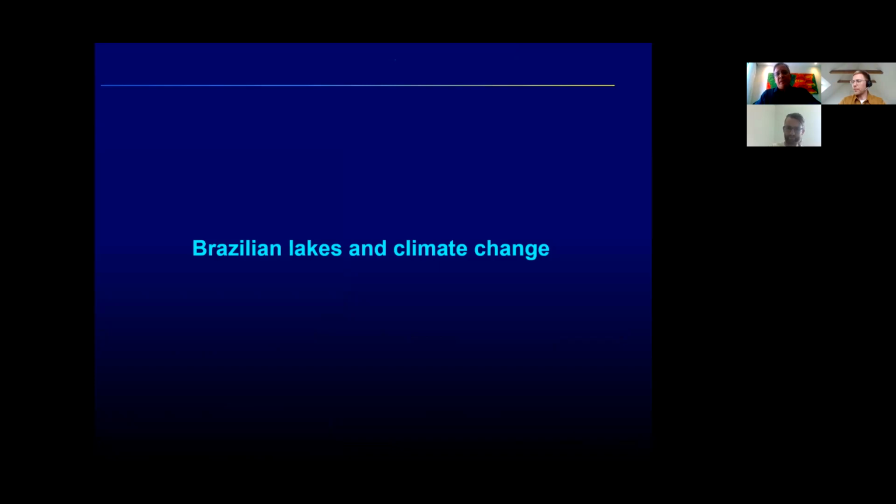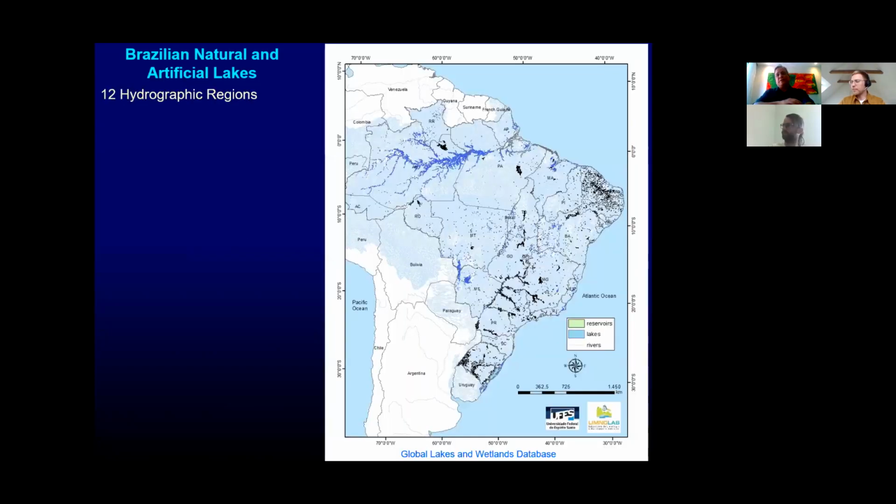Well, Brazilian lakes and climate change. Brazil is a very large country with different kinds of climates and different water resources. We have 12 hydrographic regions, from the Amazon basin, which is well known, with more than 4 million square kilometers of drainage basin, and many lakes that are of human origin, like reservoirs, about 7,000 reservoirs with 38,000 square kilometers of water surface.